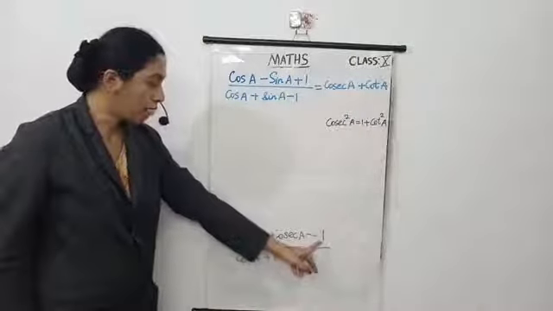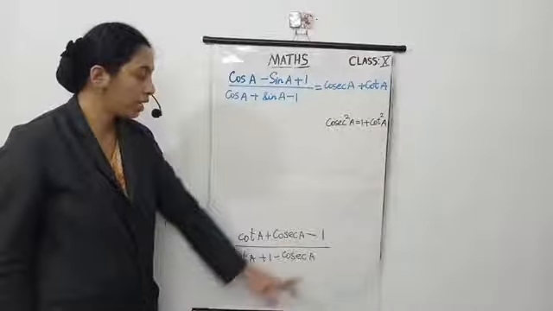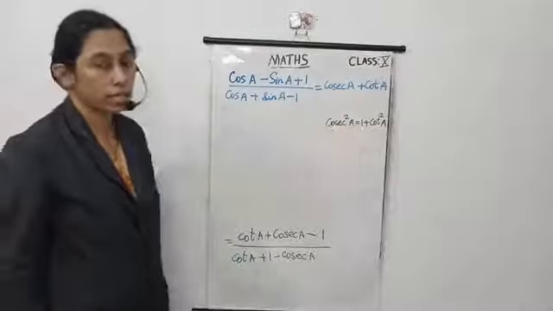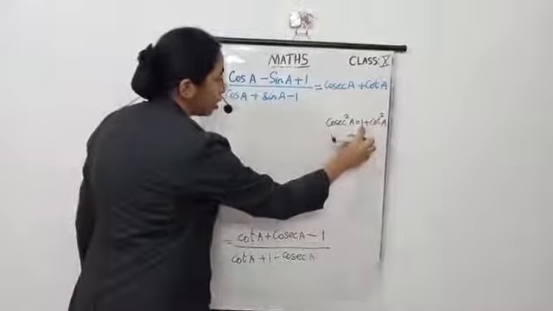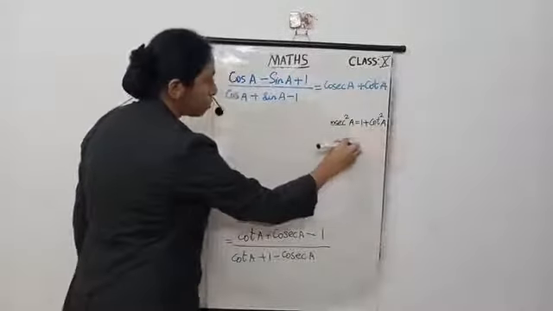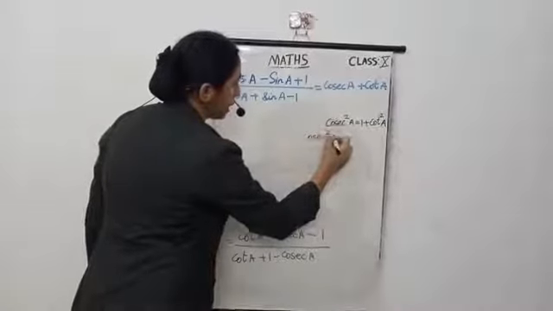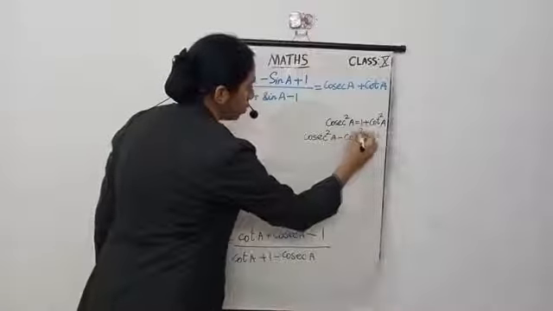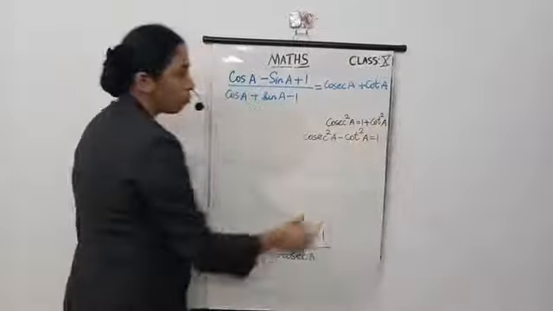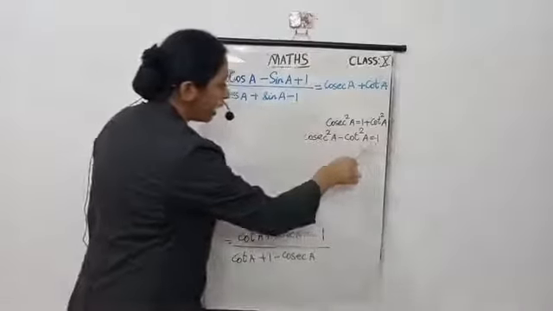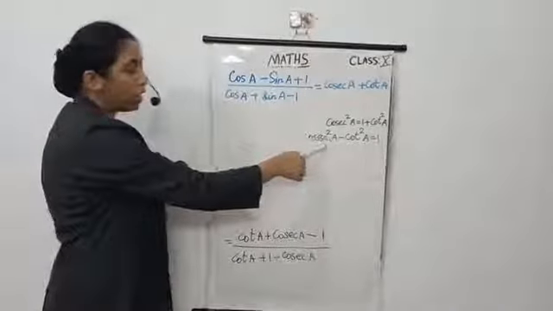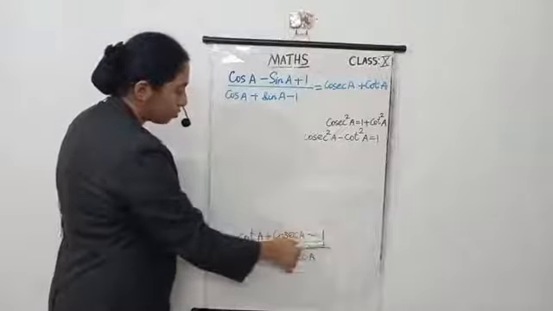So here, 1 minus 1. This 1 we replace with this identity. We transpose this cot² A to this side: cosec² A - cot² A = 1. So 1 equals cosec² A minus cot² A, and we substitute it here.